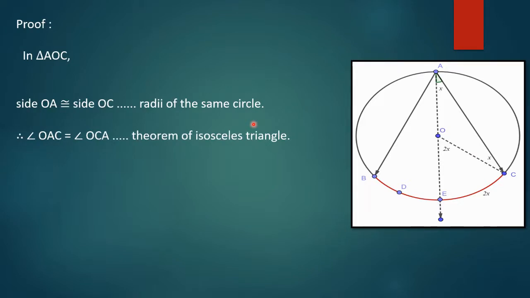Therefore, angle OAC is equal to angle OCA, by the theorem of isosceles triangle, or we can also say that angles opposite to equal sides will be equal. Let us consider angle OAC and angle OCA to be x. We'll number it equation 1.